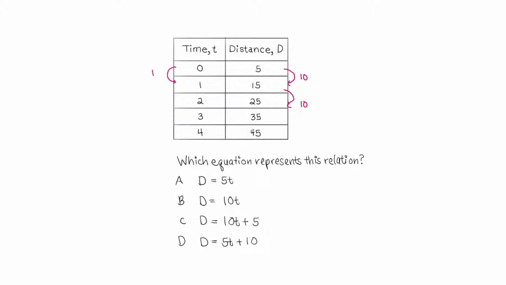So the correct answer is 10T plus 5. So the answer is C. It's not direct variation, so we can get rid of these two because there is that initial value of 5. And really, if you know the initial value is 5, you didn't have to do any of the figuring, because there was only one option that showed the initial value of 5.